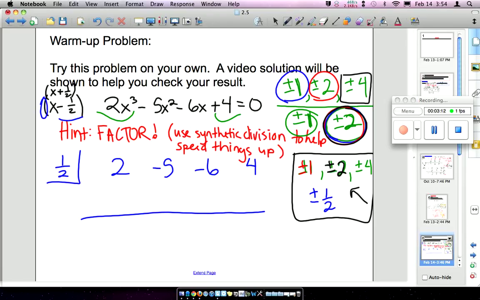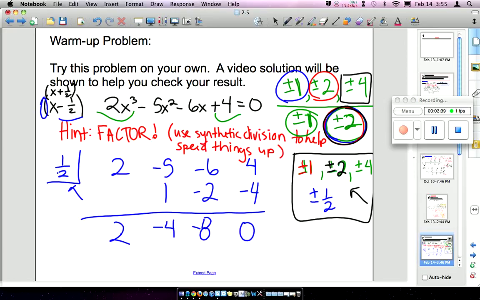Let's see, I'm going to drop the 2. Multiply 1/2 times 2, I get 1. Negative 5 plus 1 is negative 4. Multiplying 1/2 times negative 4, I get negative 2. Adding negative 6 and negative 2, I get negative 8. Once again, multiplying 1/2 times negative 8, I get negative 4.